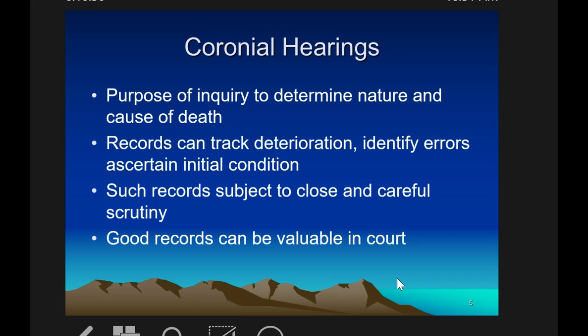So always in the back of your mind, think that every healthcare record that you are the scribe or author of should meet that standard every single time, because it could be that one time that the healthcare records of a particular patient you're looking after may well be subpoenaed. You're asked to present a statement and or appear as a witness in a coronial inquiry. If records are an accurate and factual account of good patient care, then they provide valuable assistance in a court of law.